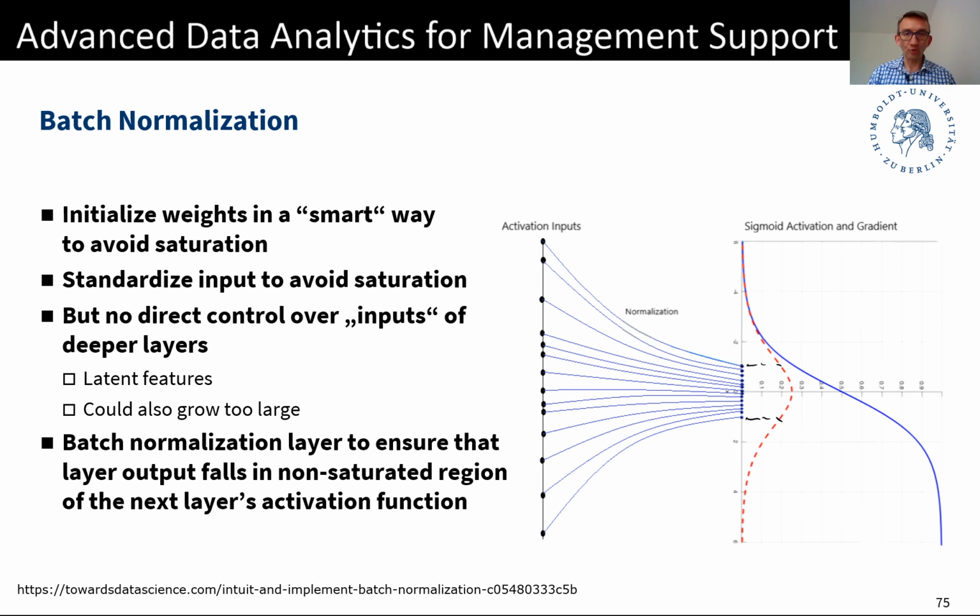And you will see soon that if you build a neural network, for example using Keras, then you have the opportunity, when designing the architecture of your neural network, to add a layer which is a batch normalization layer. So you have one typical hidden layer, and then after that layer you can add a batch normalization layer to make sure that the outputs of the previous layer don't grow too large before they go into the next layer.